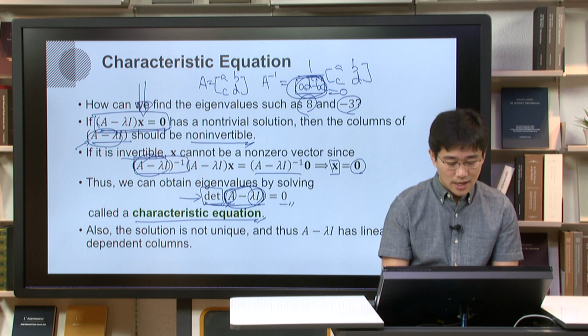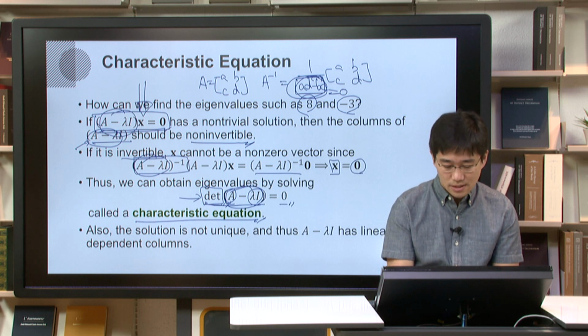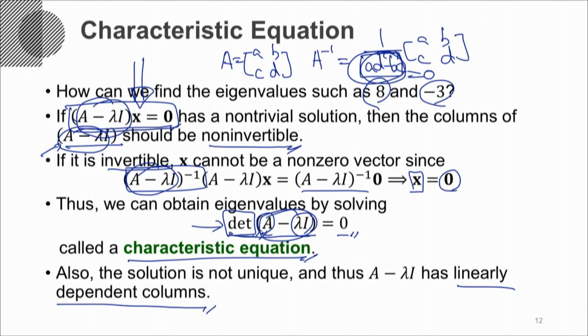In that case, we learned that the corresponding coefficient matrix should have linearly dependent columns. When a square matrix has linearly dependent columns, it means the matrix is not invertible.